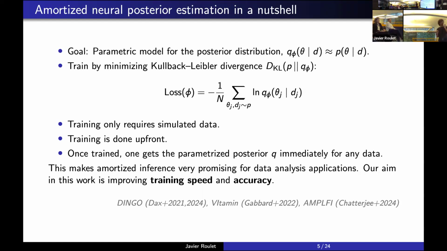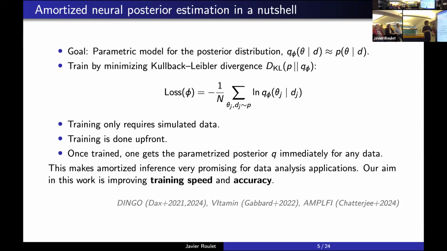So you still need your model to be correct to avoid bias. But a big difference compared to more classical methods is that you never need to evaluate the posterior. You just need to simulate from it. And this is called simulation-based inference.